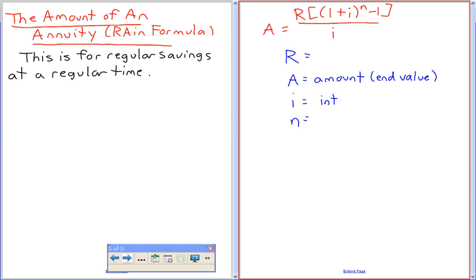See, the nice thing for these equations is that the letters all mean the same thing. What does N stand for, please? That's going to be time. Okay. Now here comes the tricky part. I want you to guess what R is going to be. Sam, go ahead. Regular savings. Beautiful.